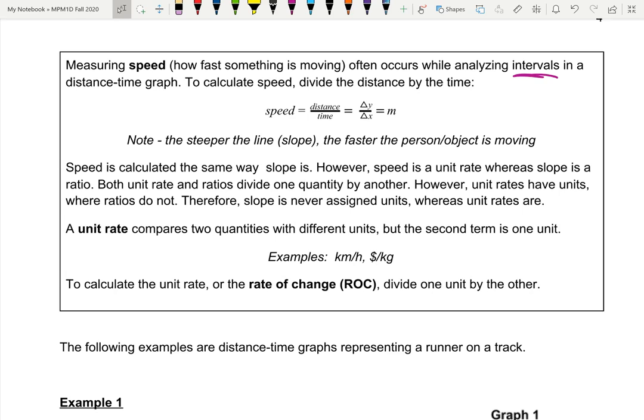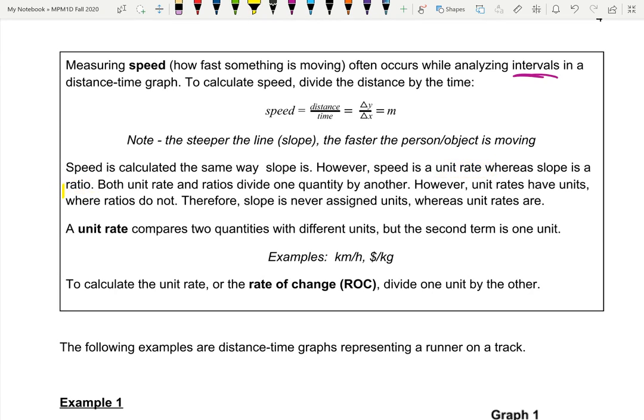The difference between speed and slope is that speed is a unit rate, whereas slope is a ratio, and that's why speed gets units and slope doesn't.